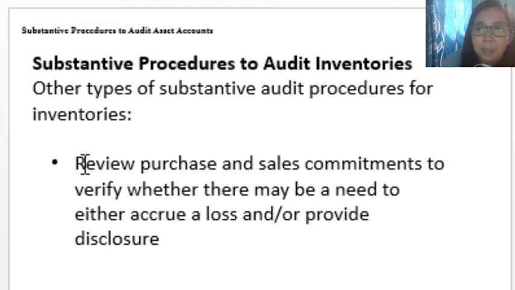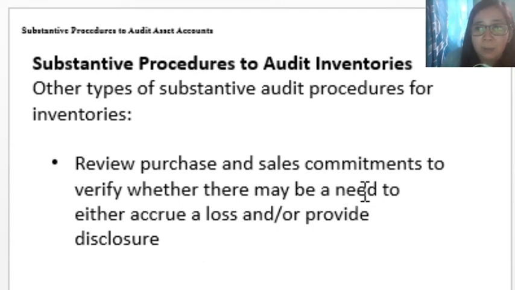Next, the auditor can also review the purchase and sales commitments to verify whether there may be a need to accrue a loss or provide any disclosure. Because in this case, sales or purchase commitments are transactions which are not yet perfected.